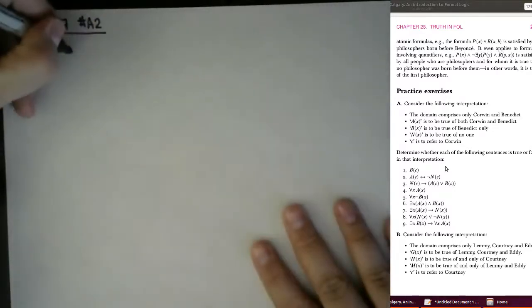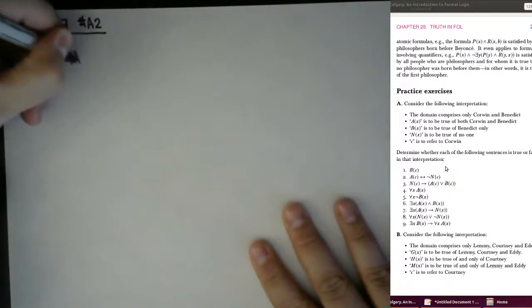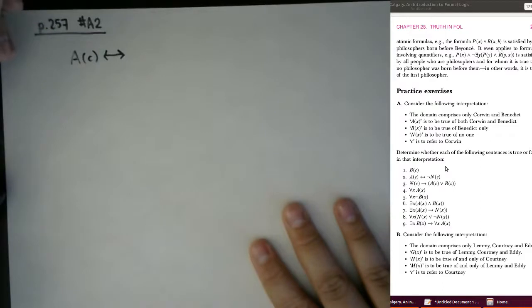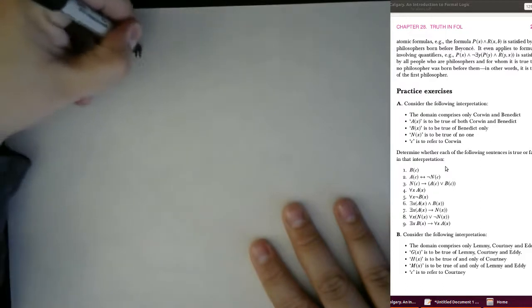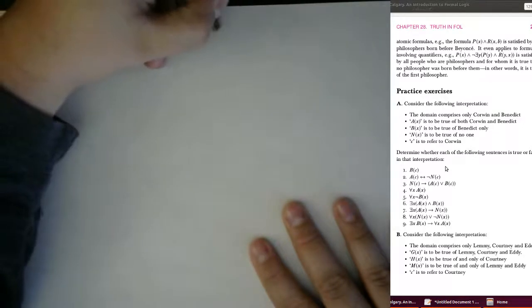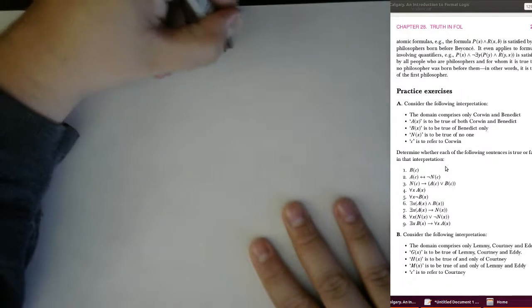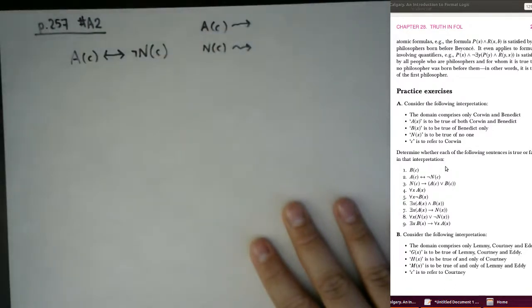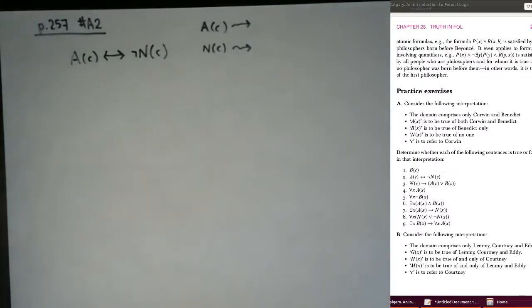So we're looking at A of C if and only if not N of C. Now A of C and N of C, from our interpretation, we have to determine if they're true or false.